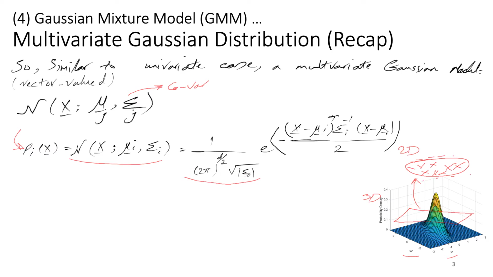And this normalizing covariance term actually represents the determinant of the covariance matrix. And just like before, you have a quadratic function in the exponential. So note this minus here.